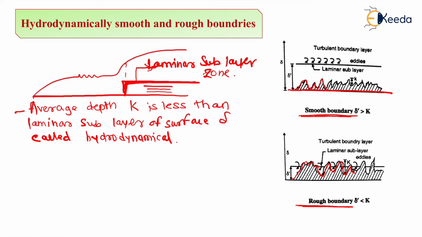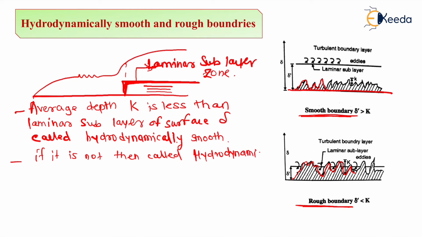See, this is not actually smooth, but according to the behavior of the fluid, it is smooth. If it is not, then it is called a hydrodynamically rough boundary.